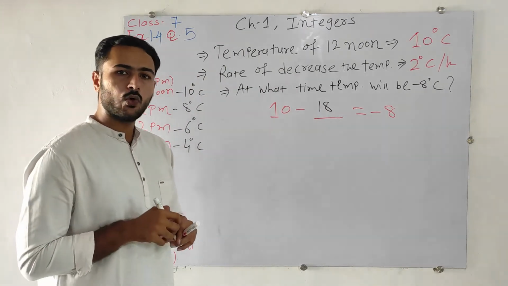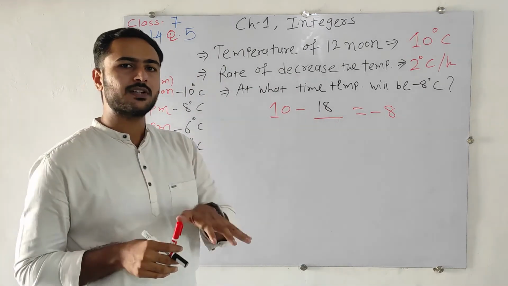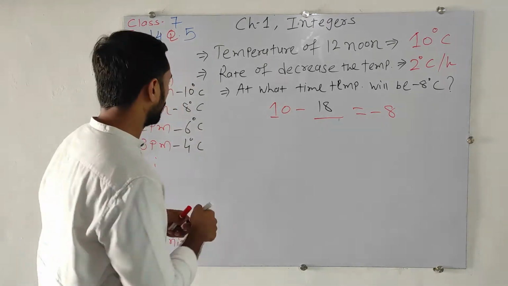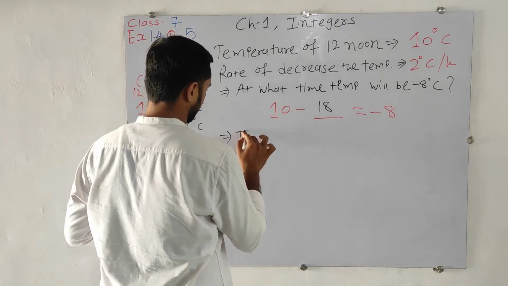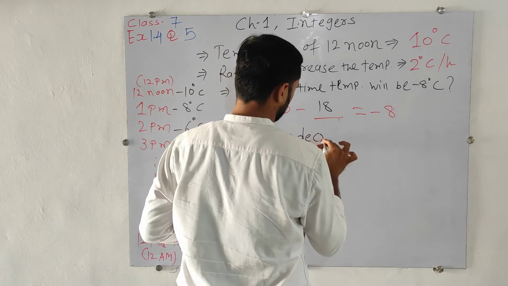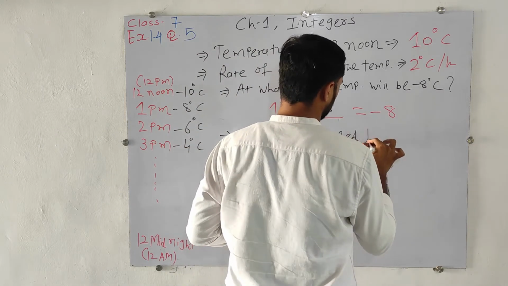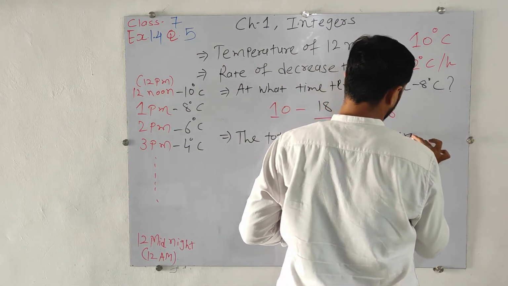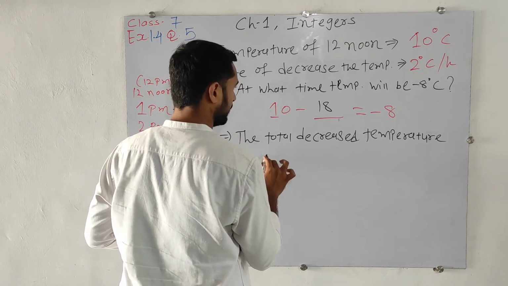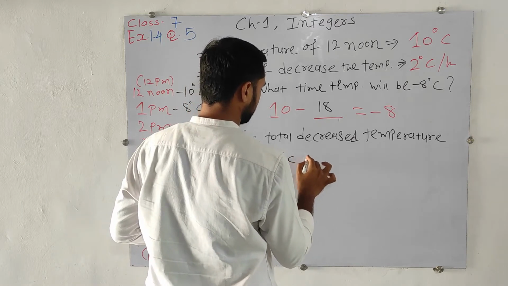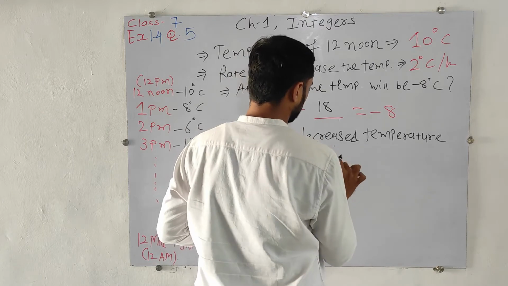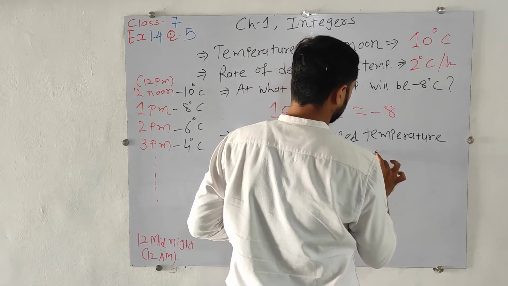Okay. So the total drop in temperature is 18 degrees Celsius. So the total decreased temperature is 18 degrees Celsius to be minus 8 degrees Celsius.